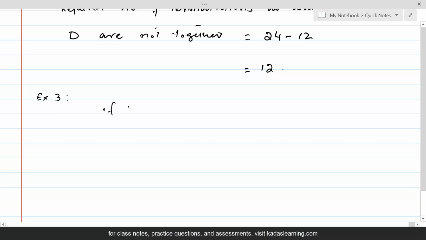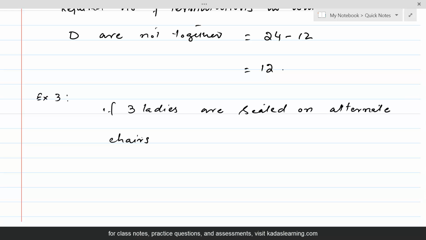If 3 ladies are seated on alternate chairs, so that the 2 ladies are not together, there is 1 seat in between 2 ladies where a man could be seated.